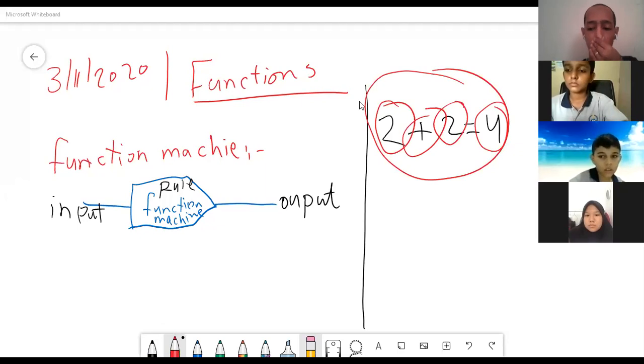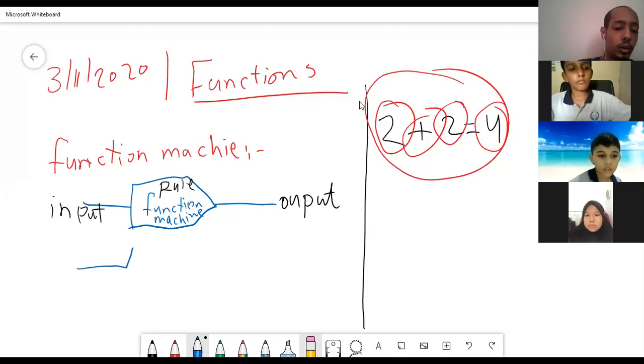So the same goes with the function machine. With the function machine, for example, let's consider we have this function machine.